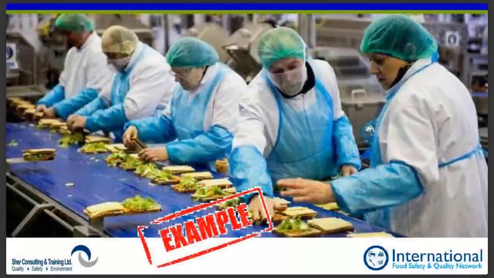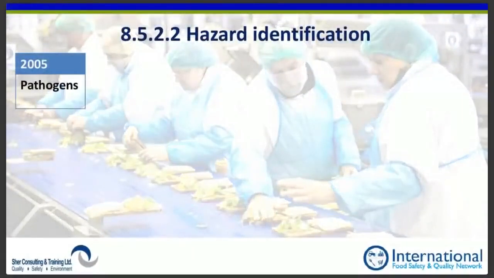So here we have an example. People here, they're putting together sandwiches. Hazard identification. So in the 2005 version, you could just write in your Excel sheet, in the identification of hazards, just write pathogens. That's the hazard. Well, and then I would say, hey, you can't write pathogens. You can't do that.